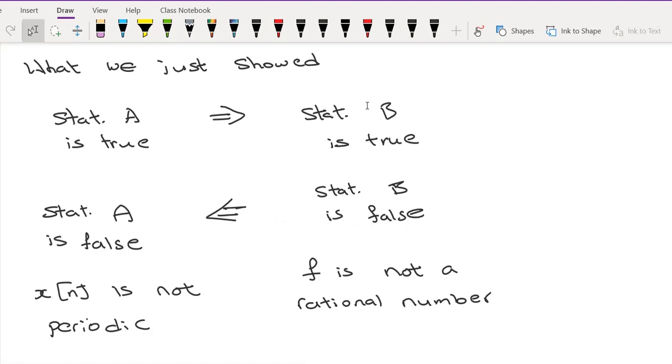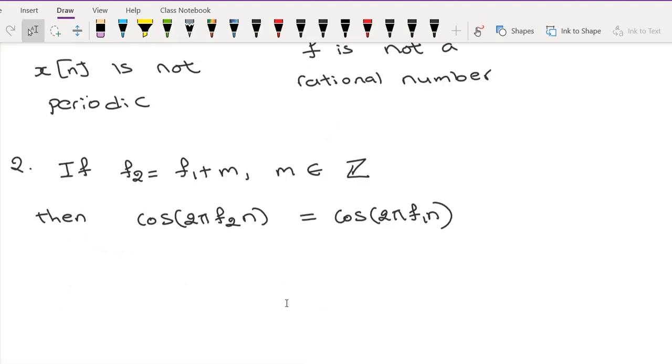So if A implies B, then not B implies not A. I would recommend you to pause here and think about that a little bit and convince yourself that this logic is correct. If this logic is correct, then what we are saying is if f is not a rational number, then x of n is not periodic. In other words, x of n is periodic only when f is a rational number.